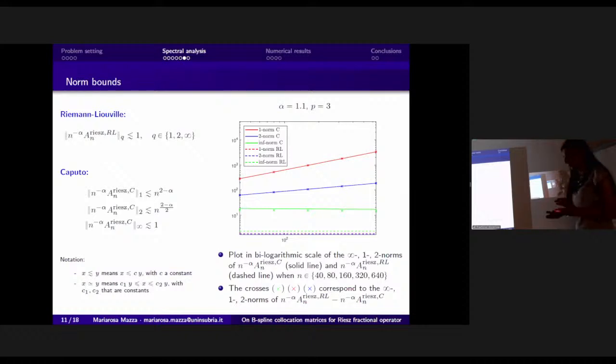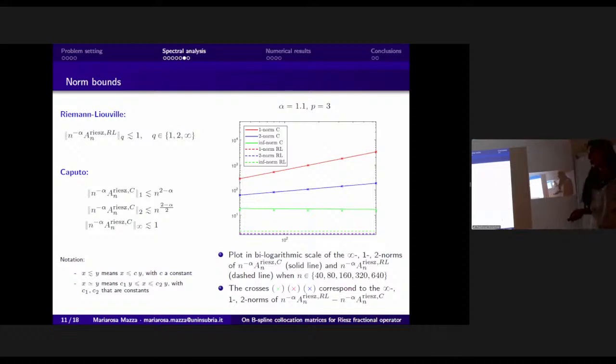Okay. So up to this point, whether we go for Caputo or Riemann-Liouville, the symbol is always the same. But on the other hand, we have observed that in the case of Caputo matrices, there are larger outliers. So with this in mind, we checked the spectral norm of the Caputo matrices by providing some bounds for both the one norm and the infinity norm.